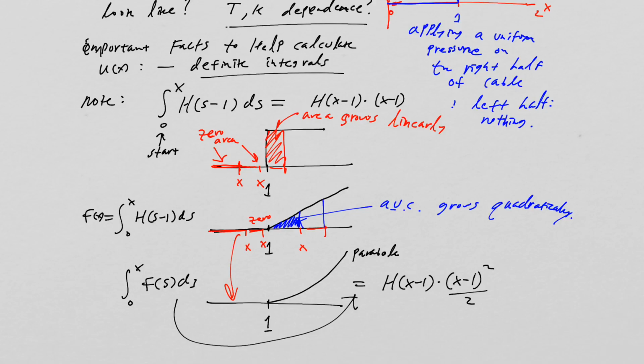You'll see that the area under the curve will just keep growing as a function of x squared, but it's going to start at x equals 1. There'll be 0 area under the curve beforehand. Okay, so that helps us.